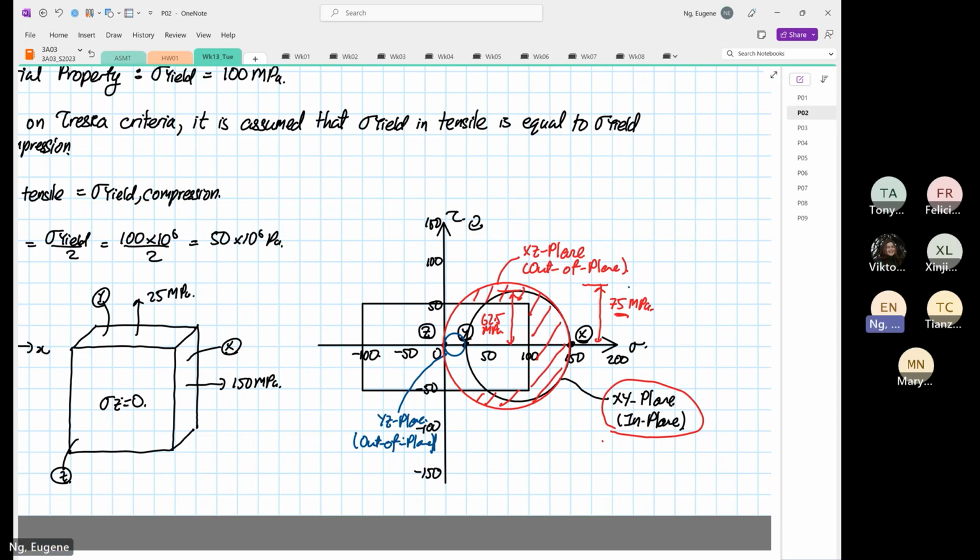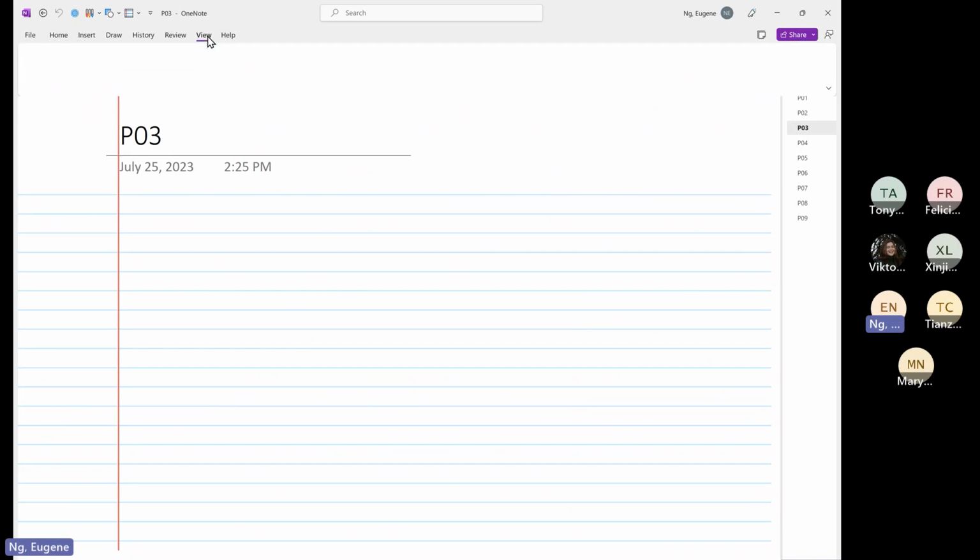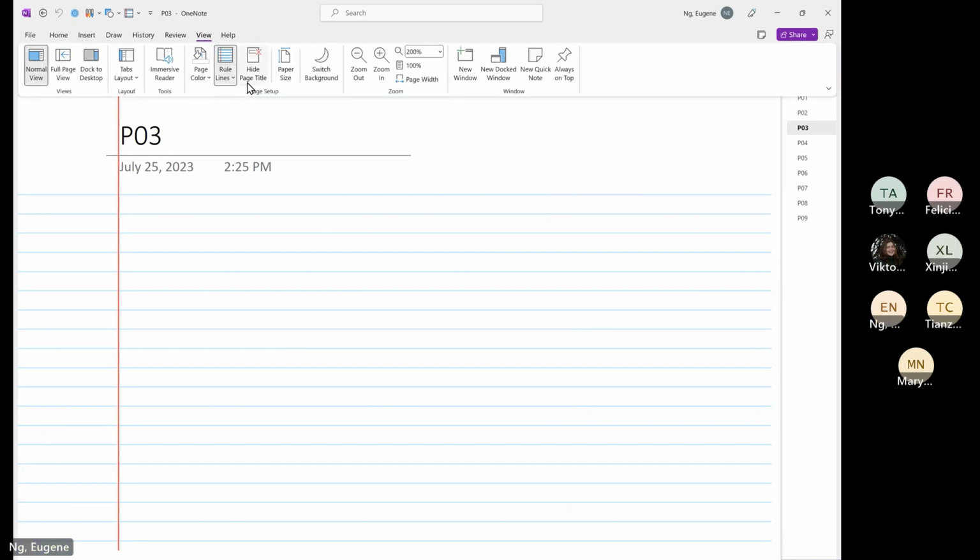Okay, now let's look at another example. Okay, so this example, a different stress state. Let's look at a different stress state, and I want to show you how critical the 3D Mohr circle is in this.